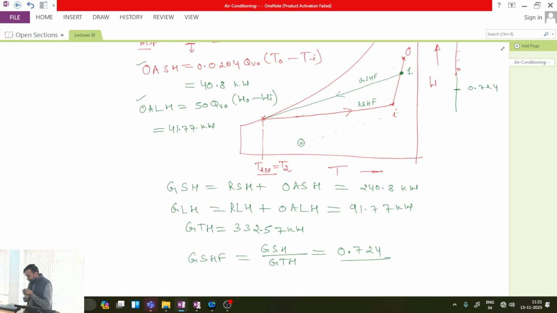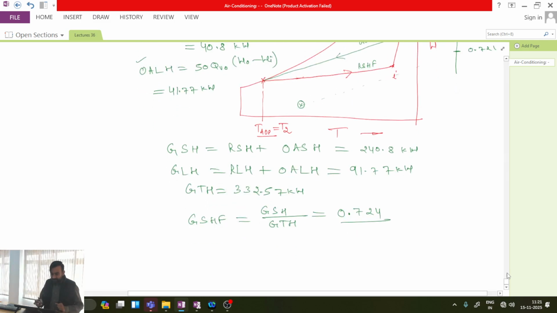RSH is given. If RSH is known to us, can I calculate the supply air volume? What is the formula? Please tell me. Very simple. RSH is equal to 0.0204 QVS into TI minus T supply. T supply is T2.